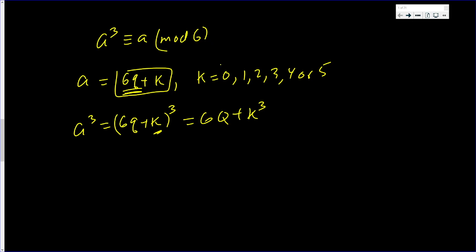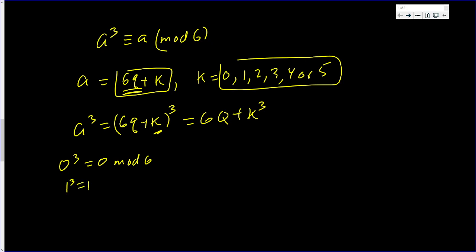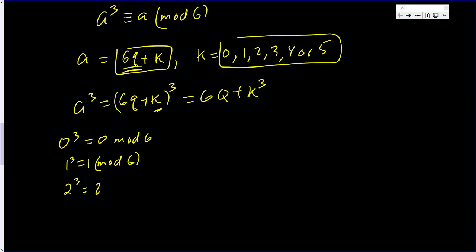Now, k can either be one of those numbers. Well, if k is 0, 0 cubed is 0 mod 6. Or 1 cubed is 1, which is 1 mod 6. 2 cubed is 8, which is 2 mod 6. 3 cubed is 27.